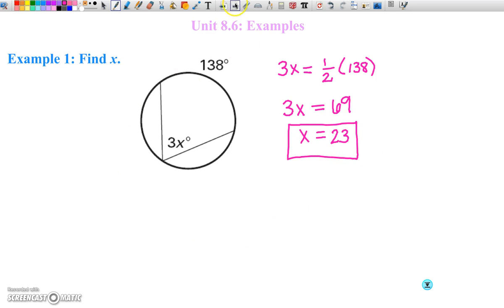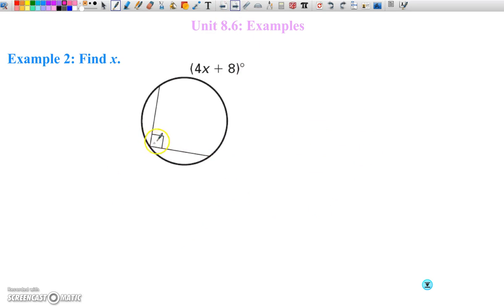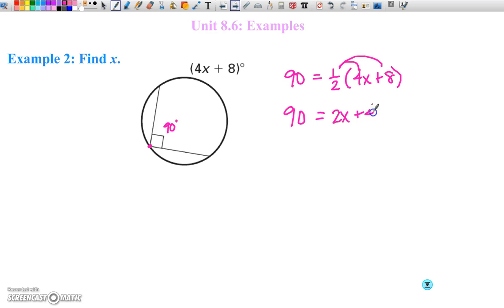Number 2, again, we have an inscribed angle, and this symbol means 90 degrees. So the angle, which is 90, is half of its arc, 4x plus 8. We get 90 equals, distributing the 1/2, 2x plus 4.